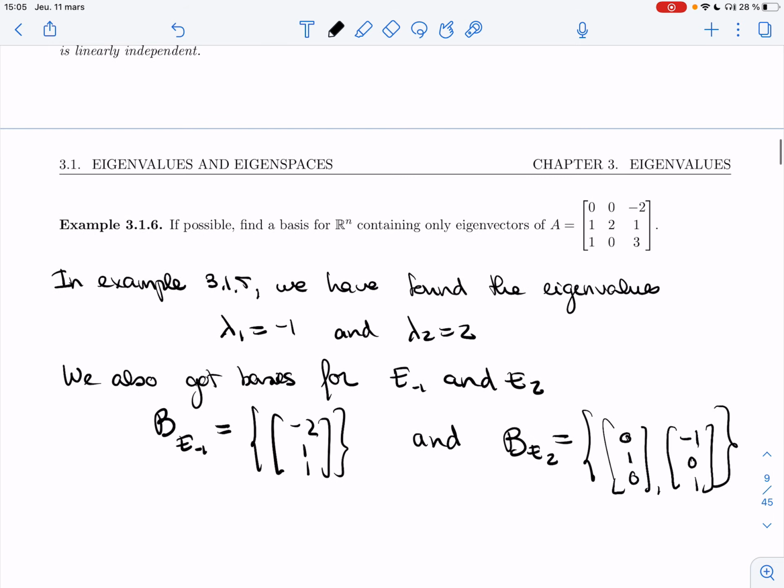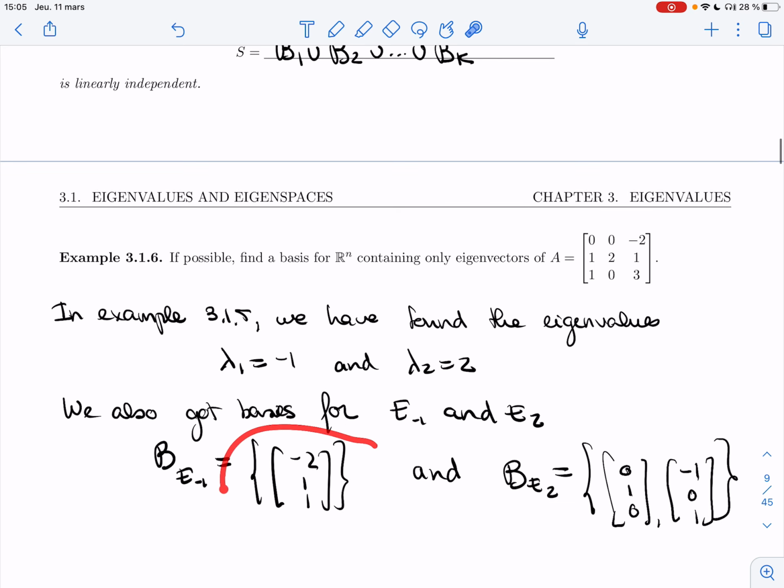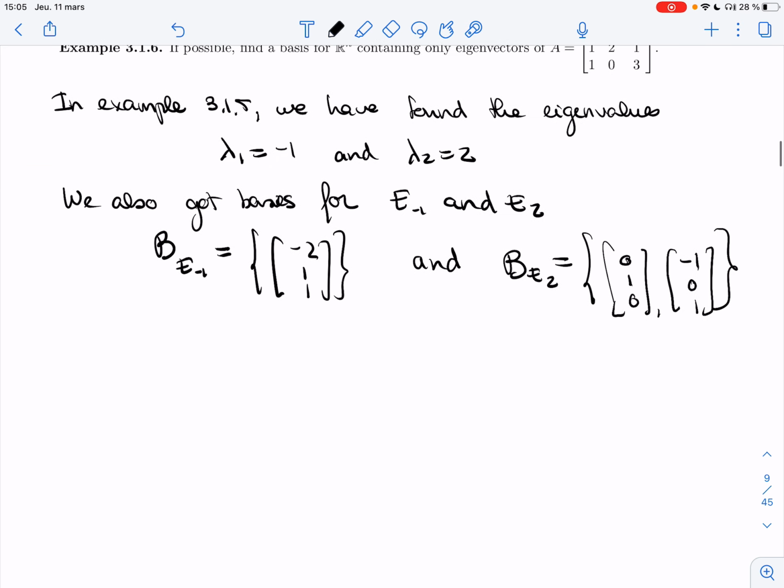All right, so what we now know is if we take this set and this set together, it's going to be linearly independent.